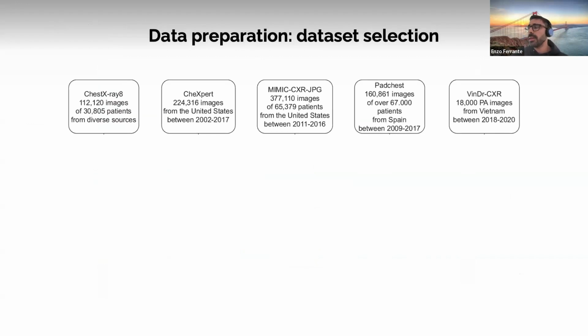So basically we had five different segmentation data sets, image data sets. This was the CheXMask data set that was released by Stanford, the ChestX-ray8 data set, also known as the NIH data set, the MIMIC-CXR data set, the PadChest data set, and the VinDr-CXR data set.